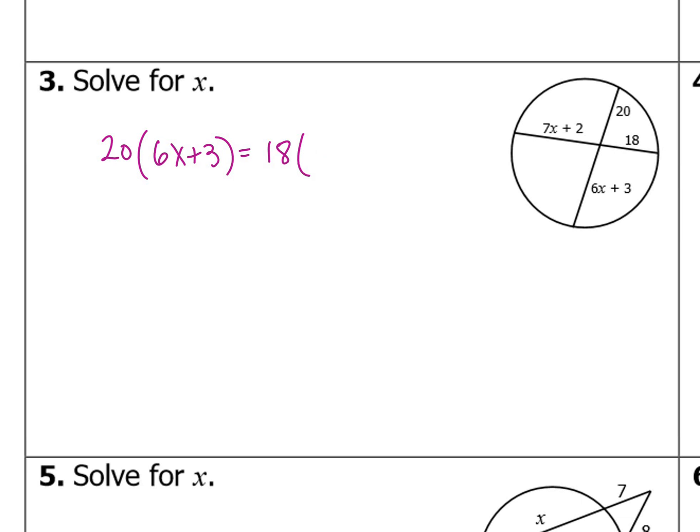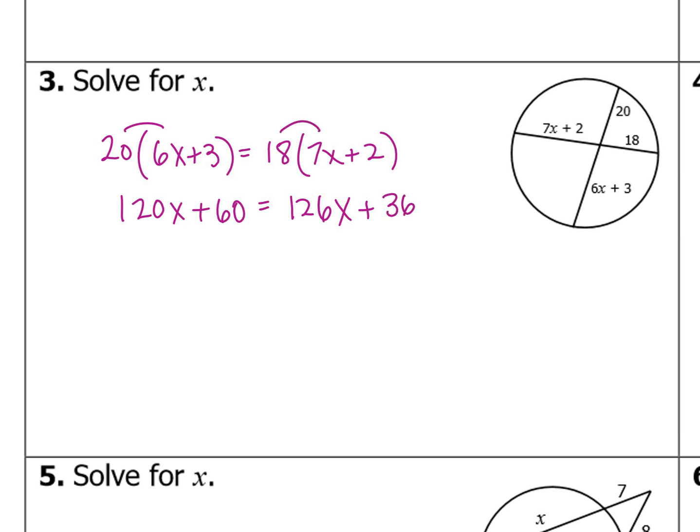All right, so we can just go ahead and distribute the 20, and we get 120x plus 60 equals 18 times 7 is 126x plus 18 times 2 is 36. So we're just distributing each number outside of the parentheses to the numbers inside the parentheses.